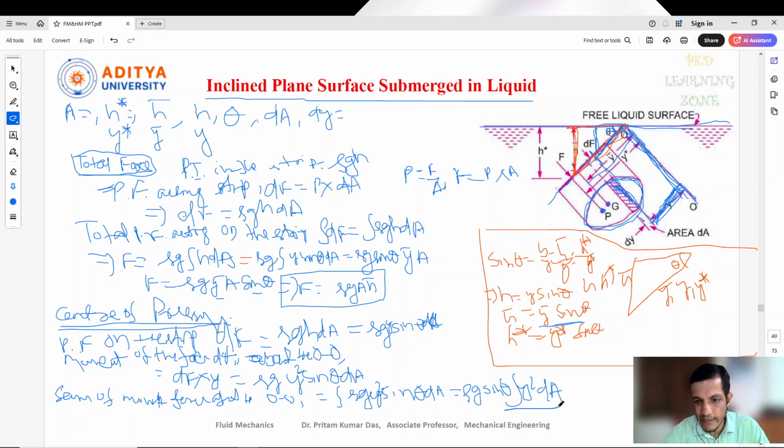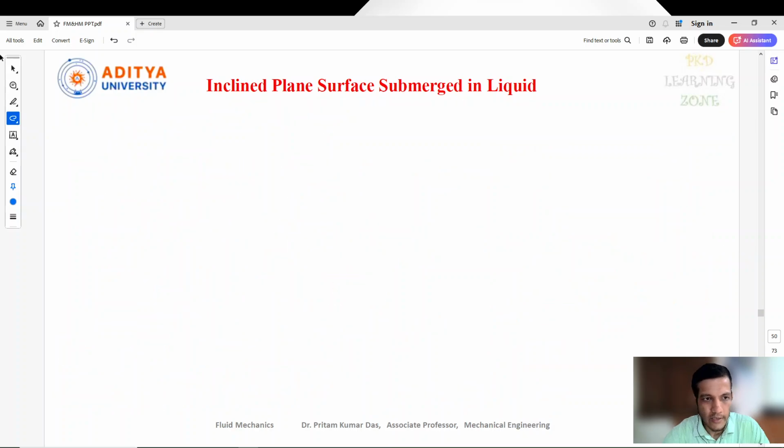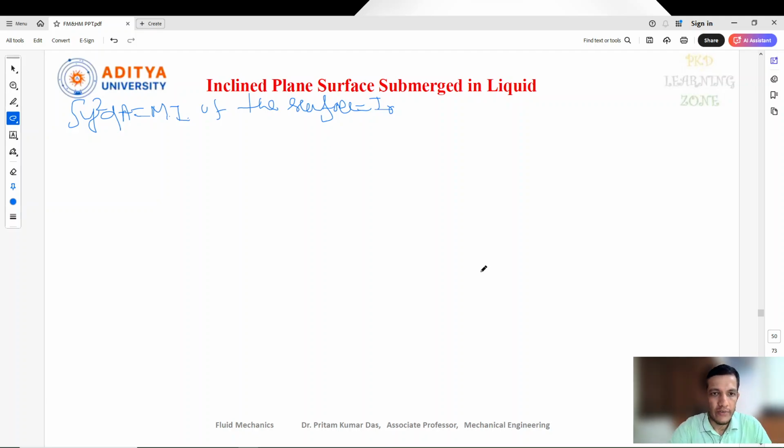This integration of y square dA is nothing but the moment of inertia of the surface, which we can indicate as I naught.